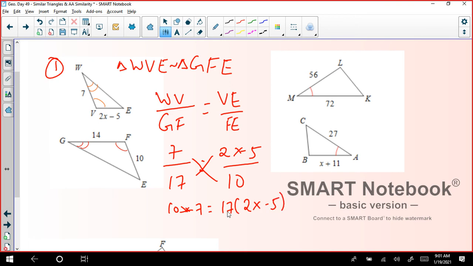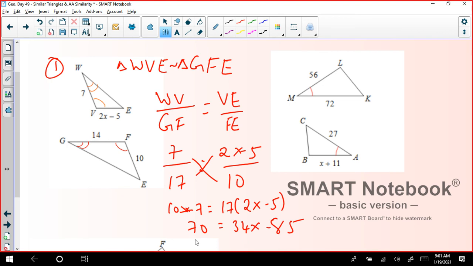Okay, 10 times 7 is 70 and we will have on the right side 17 times 2 which is 34 and 17 times 5 which is 85. So 34x minus 85 on the right side, here is just 70.